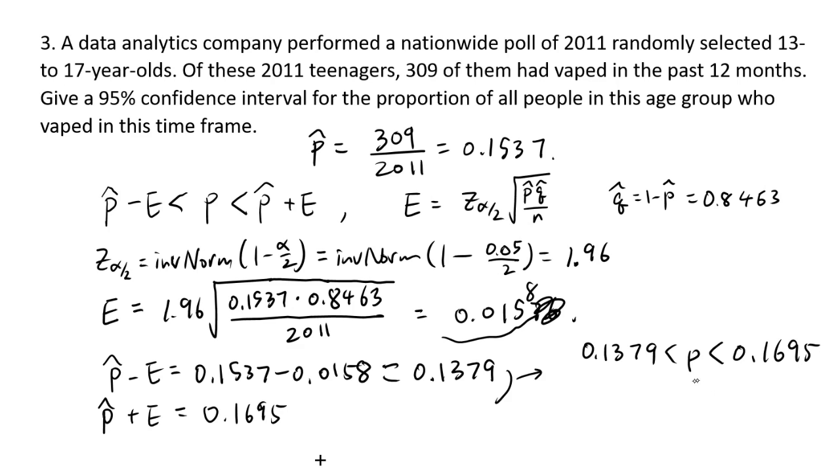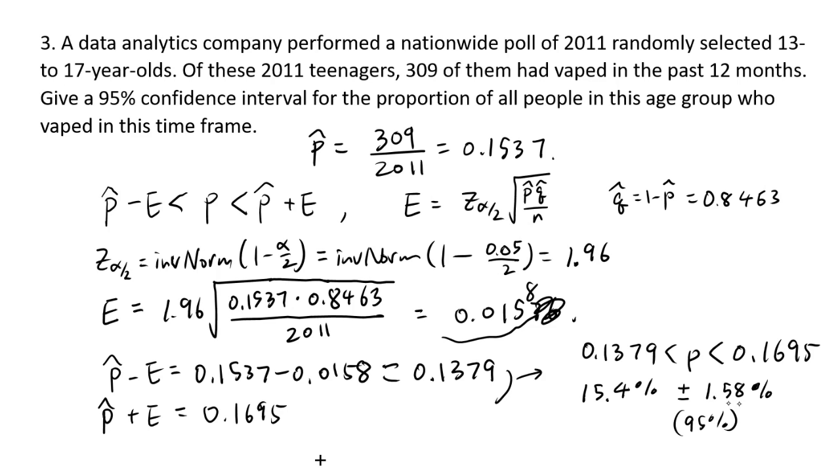Now, if you actually had this on the 9 o'clock news, the way they would say this is something like this: usually they wouldn't do 15.37, they would say 15.4% of the teenage population is vaping, and the error is plus or minus 1.58 percentage points with 95% confidence level.